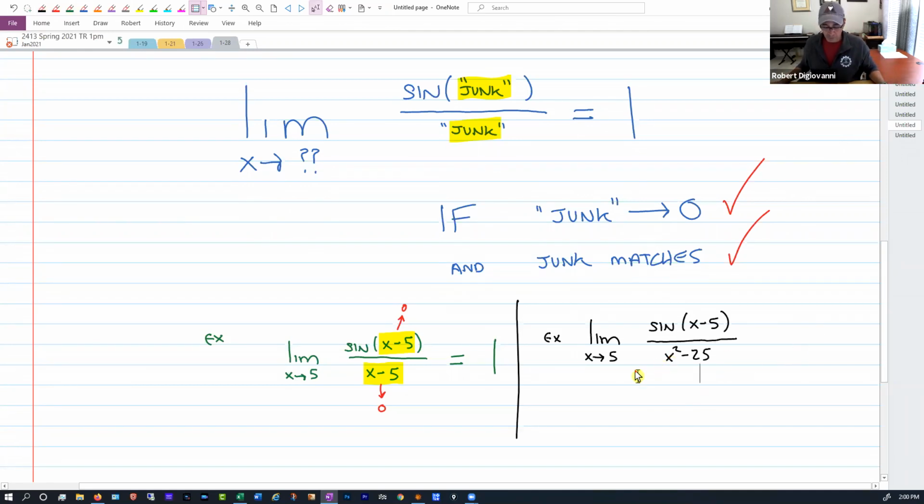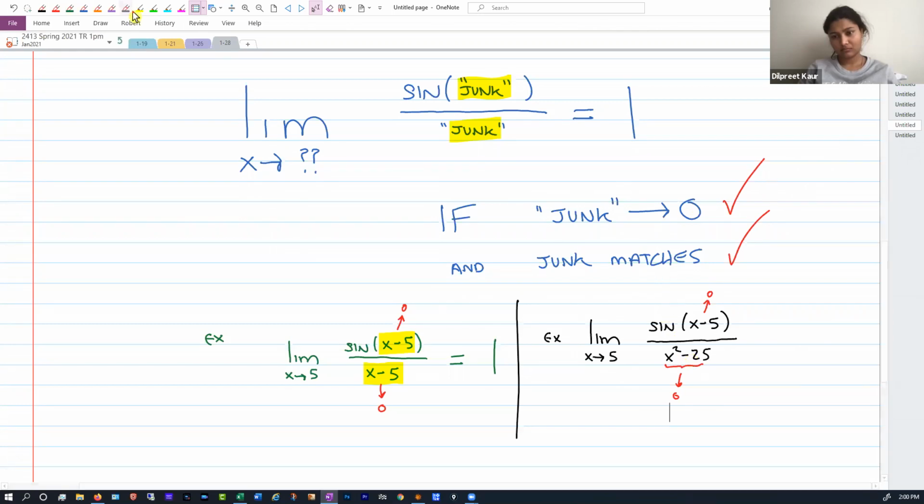If x goes to 5, does everyone agree that this right here goes to 0? Does everyone agree that this also goes to 0? Because 5 squared minus 25 is also headed to 0. So our junk is going to 0.